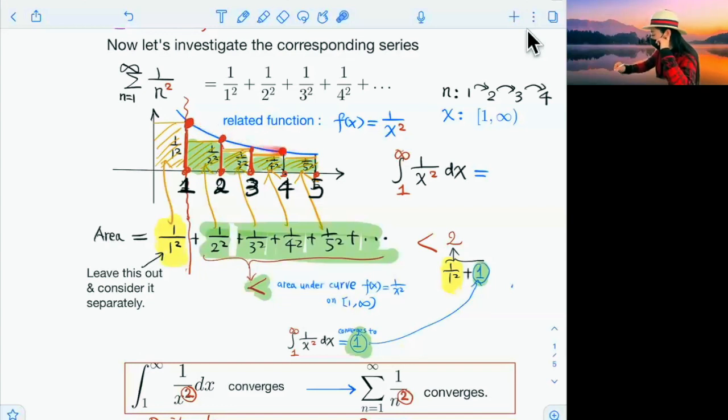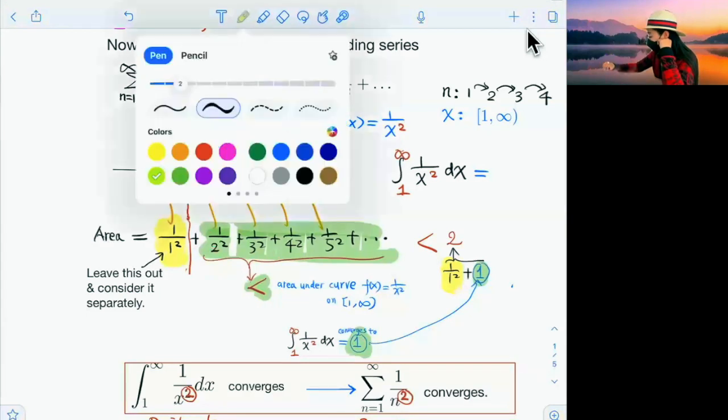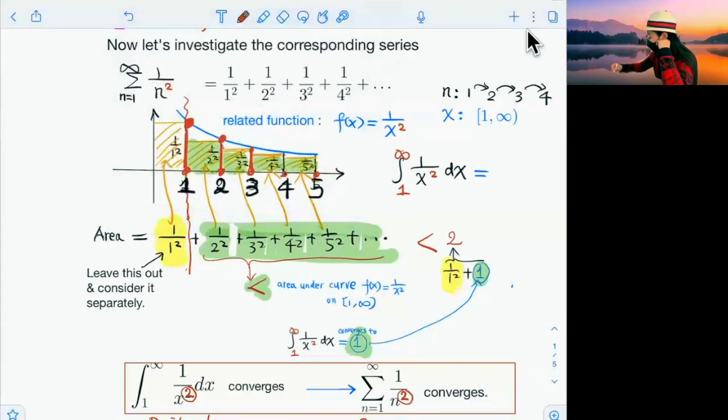So when you sum up all those rectangles, the area is going to be less than the area under the curve. The area under the curve, we calculated, and it was equal to 1 before. That was the result when we did the P integral. So this is less than 1.